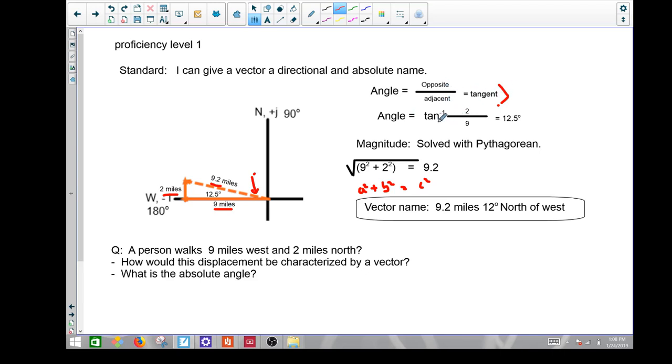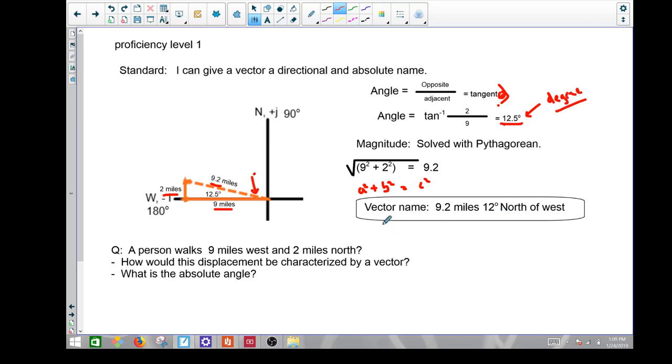So the inverse tangent, again, this is not a tutorial on how to do the functions of trigonometry, so that's not detailed too closely here. So the angle equals the inverse tangent of 2 divided by 9, opposite over the adjacent. 2 divided by 9, and that equals 12.5 degrees. Be careful, if you're not getting 12.5 here, check to make sure your calculator is in degrees and not in radians.